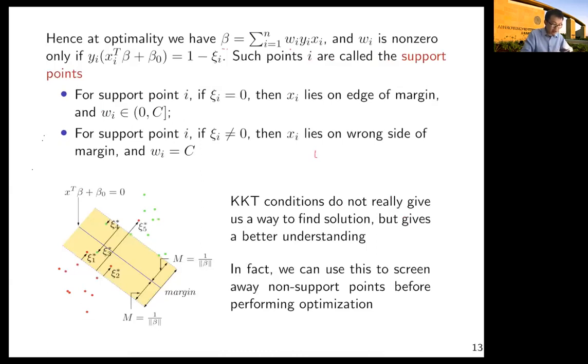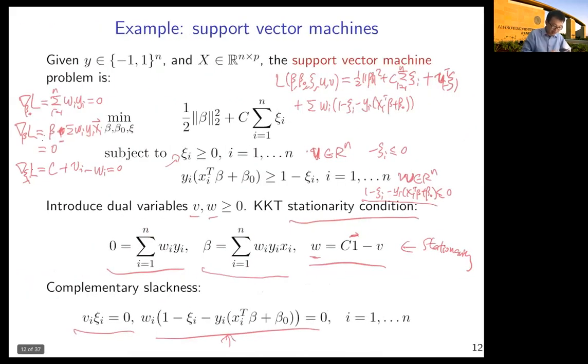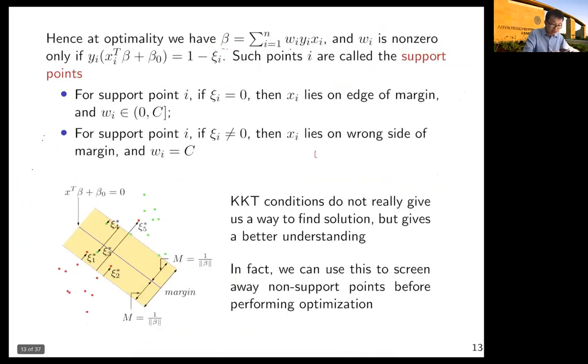By this complementary slackness condition, we know that w_i is nonzero only if this inequality is active, meaning that this inequality holds at the optimal solution with an equal sign.